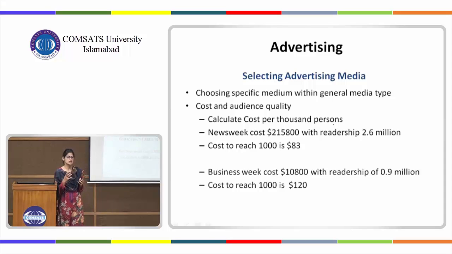So how much the advertisement would cost per 1,000 persons. Now here I've set a scenario for two situations whereby Newsweek costs $2,15,800 for placing the advertisement, and their readership is 2.6 million people. As a result, the cost per 1,000 for a particular ad is $83.